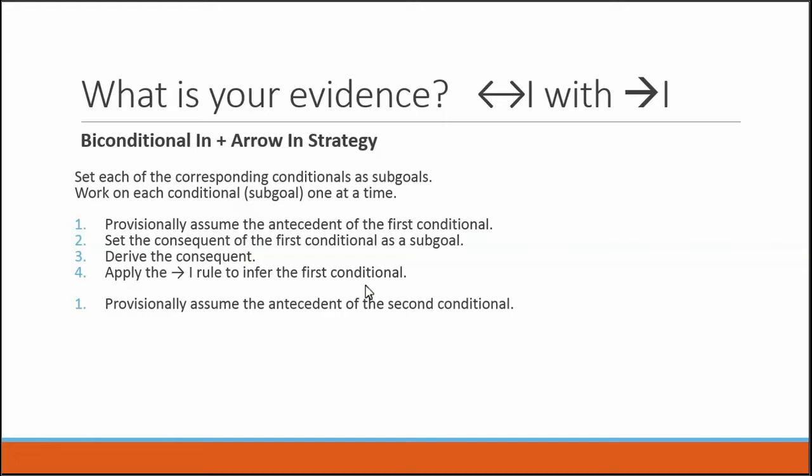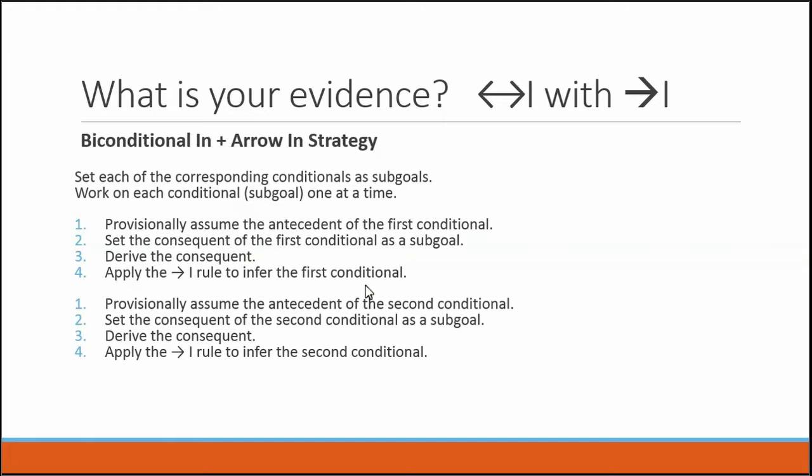Provisionally assume the antecedent of that conditional. Set the consequent of that conditional as a subgoal. Derive the consequent. And apply the arrow in rule to infer that second conditional. Then, using those two conditionals, apply the double arrow in rule to infer the biconditional.